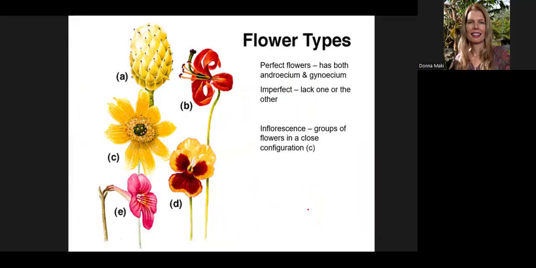An imperfect flower is just a female flower or a male flower, but not both. And the other term I want you to know is the inflorescence. That is lots of flowers clustered together that look like one flower to our eye.